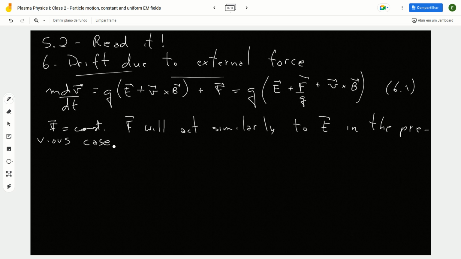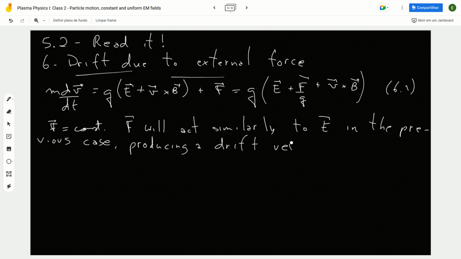So it will produce an additional drift velocity. You can see this just repeating the previous analysis with this term, so it's basically the same thing.